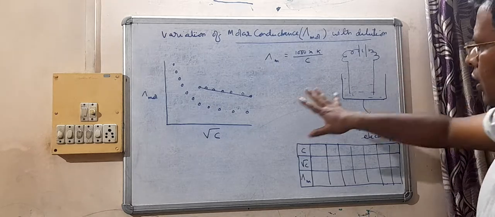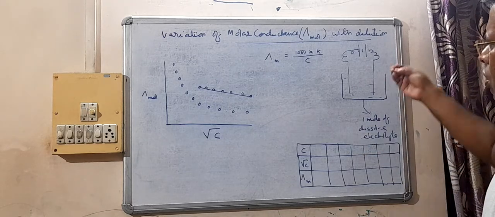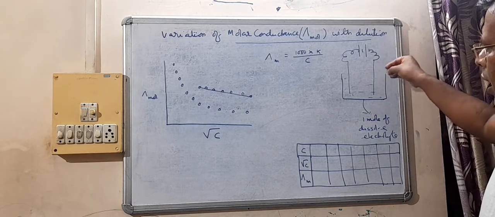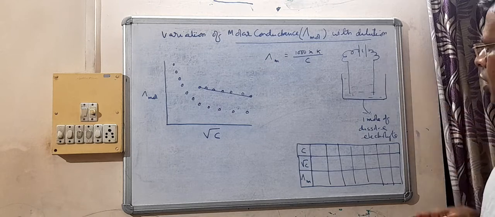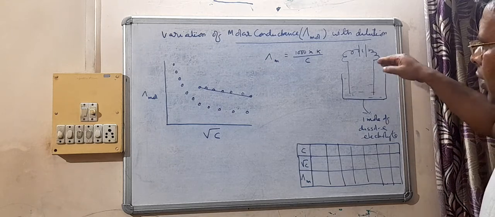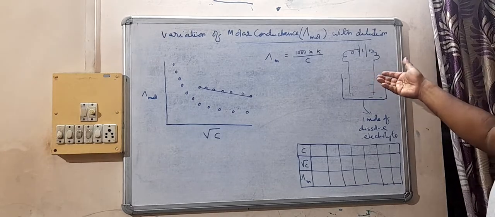So here basically what we are going to do, we will gradually add water here and we will measure the conductance of the solution, or the conductivity of the solution.